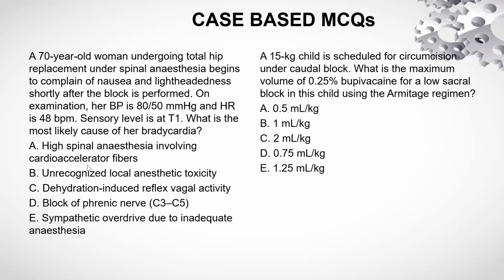Okay. Number 2, a 15 kg child is scheduled for circumcision under Caudal block. What is the maximum volume of 0.25% bupivacaine for a low sacral block in this child if you are using the Armitage regimen? Quickly.